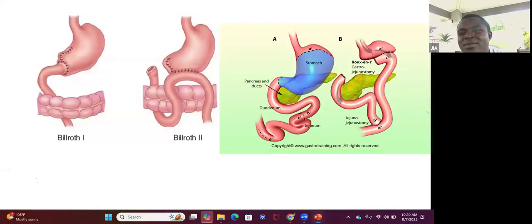Remember, I've already said that with the gastrectomy, all the stomach is removed. But with Billroth one, you have the lower part, most of the time the antrum, which is removed. After that it will be anastomosed with the rest of the intestine, like you see here.